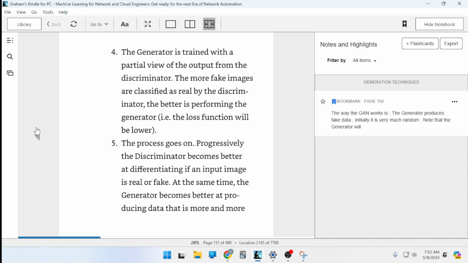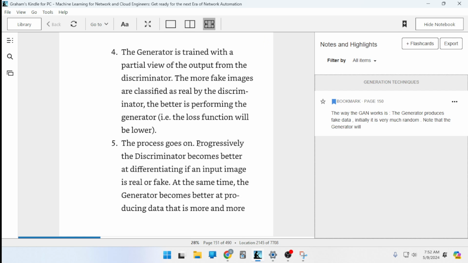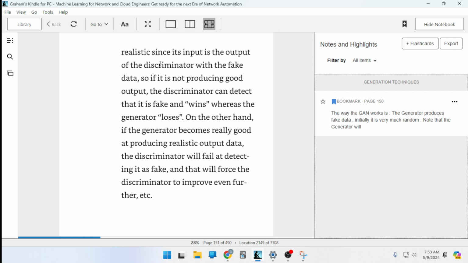Number five, the process goes on. Progressively, the discriminator becomes better at differentiating if an input image is real or fake. At the same time, the generator becomes better at producing data that is more and more realistic, since its input is the output of the discriminator with the fake data.